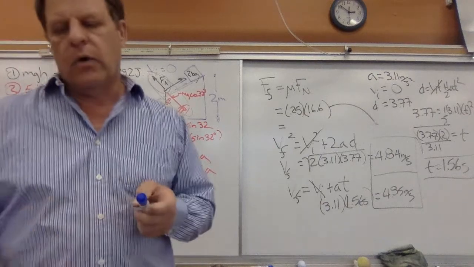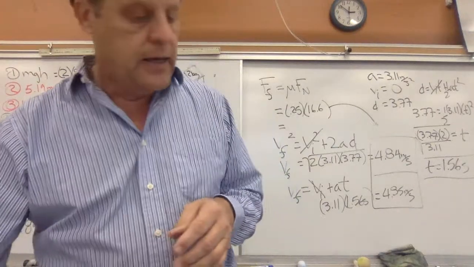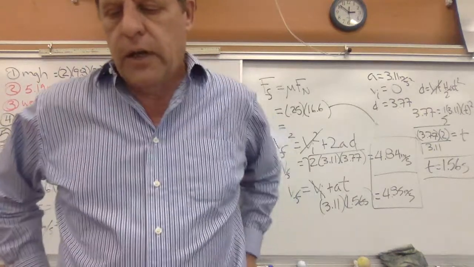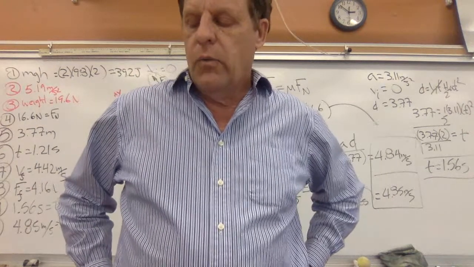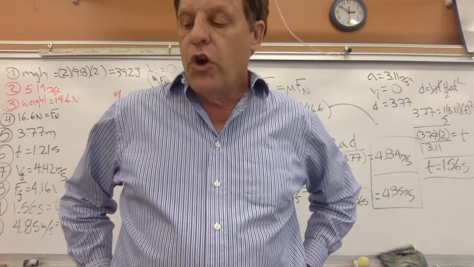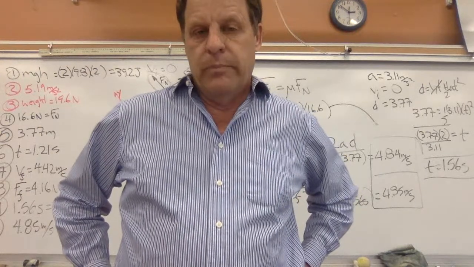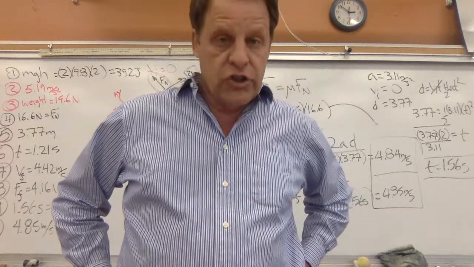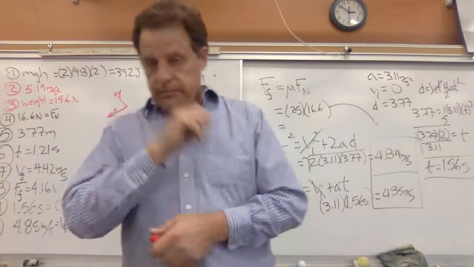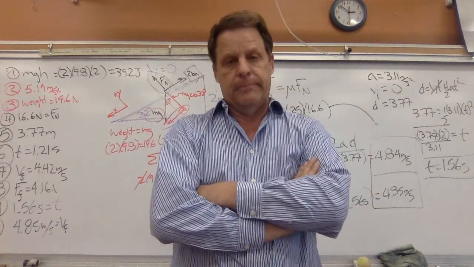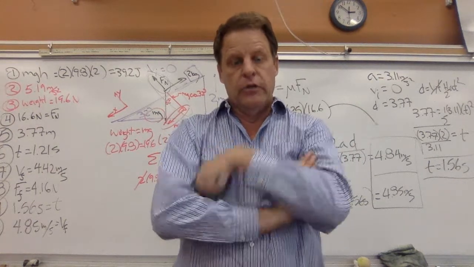All right, and now we have number 11. Now number 11 is kind of pretty tricky. It says, at what maximum angle would the incline have to be so that no movement takes place? Well, that is going to be where the friction is balanced by the acceleration down the ramp.